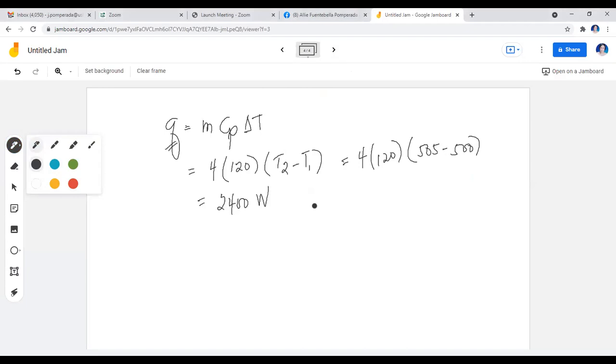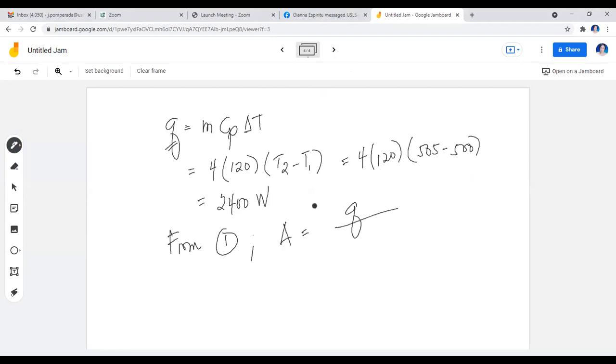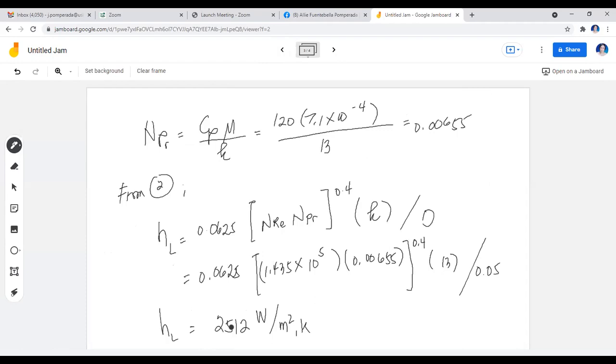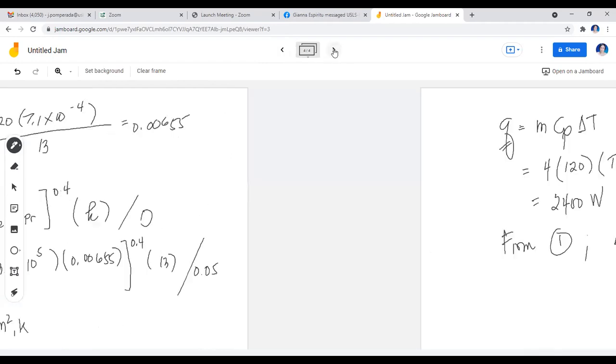So from the fundamental formula of convective heat transfer, equation 1 that we wrote, the area is equal to Q over hL times (Tw minus T). I will have 2,400 watt here, and the hL that we got from this one, 2,512.